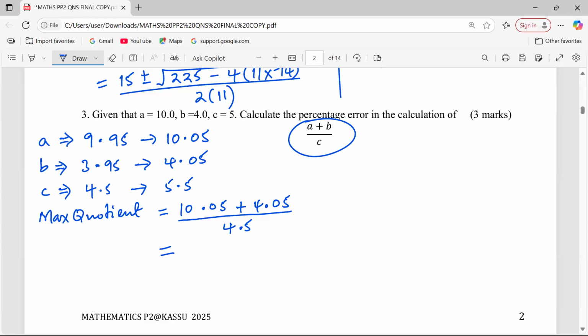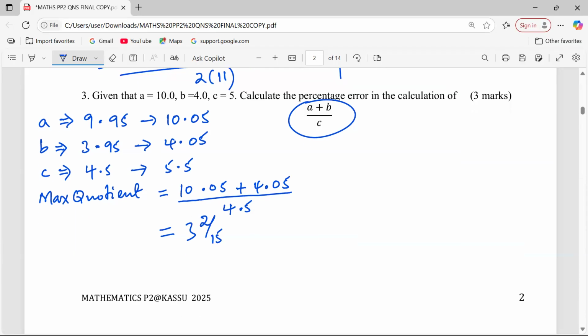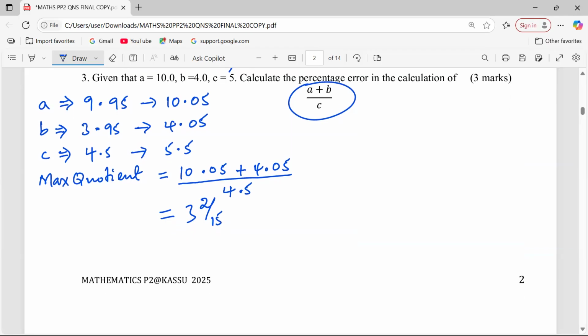The highest possible numerator will be gotten by adding the highest possible values. 10.05 plus 4.05. Then we divide this by 4.5. Ladies and gentlemen, I'm getting 3 and 2 over 15. Let me go to the minimum possible quotient.